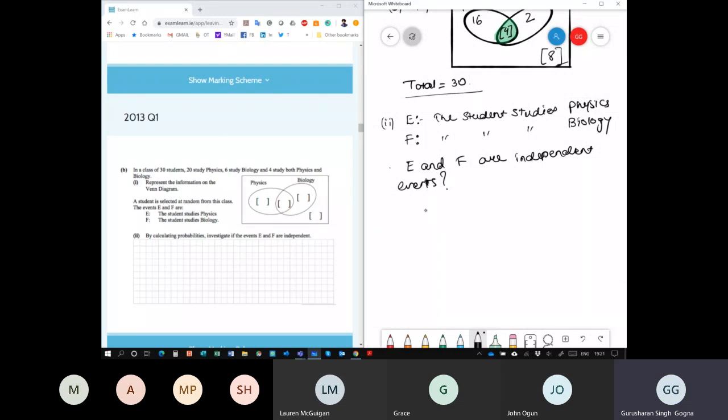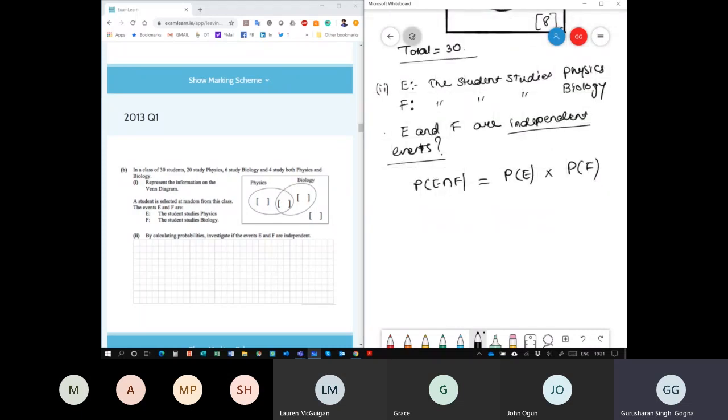I already explained that whenever you see the words independent events, you need to use the multiplication rule. The multiplication rule is: probability of E intersection F should be equal to probability of E times probability of F, isn't it? If two events are independent, they must satisfy this equation.